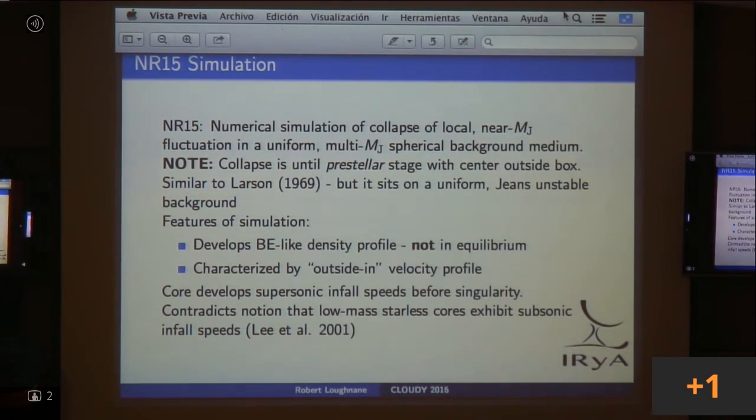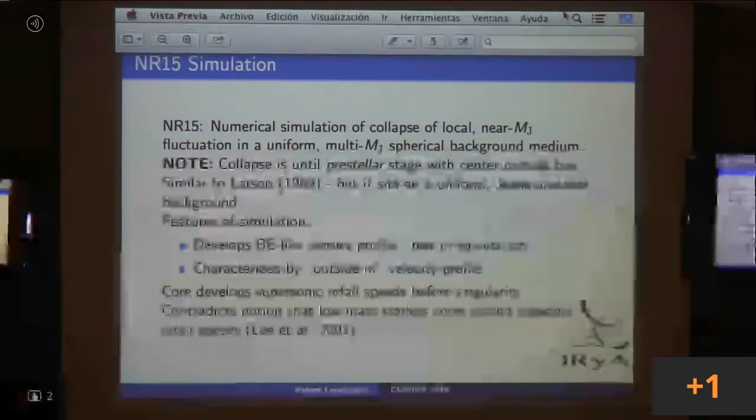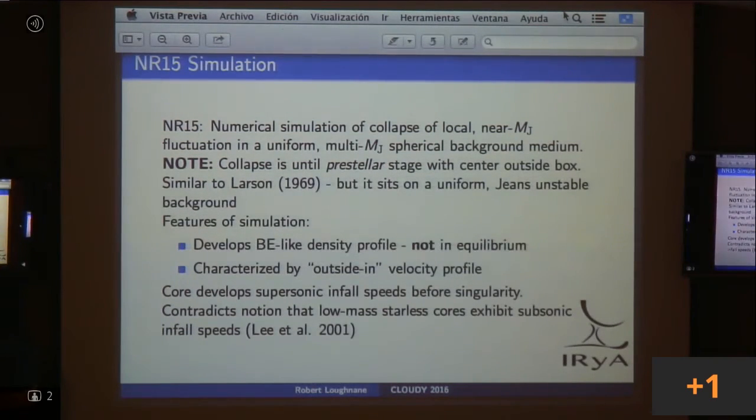Also, like Larson's work and Penston's work in 1969, the core collapse is characterized by an outside-in velocity profile, whereby the outer material is at a higher velocity than the inner material. The inner material has a linearly radially increasing velocity profile. The outer gas has a shallow, higher magnitude velocity. In the later stages of the collapse, the core develops supersonic speeds.